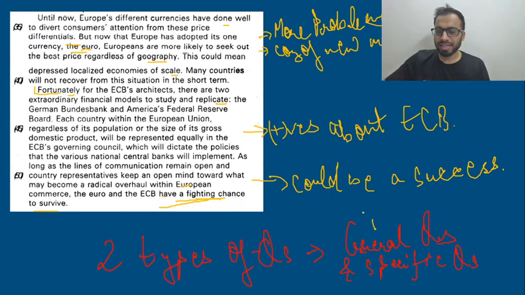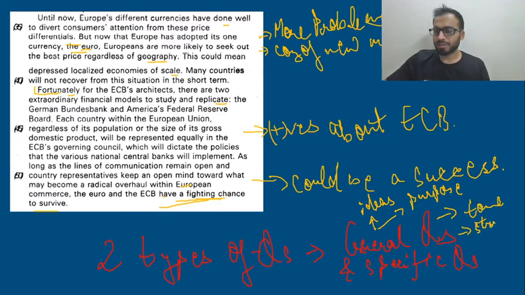General questions are like idea, purpose, or tone, structure of the passage. Specific questions are the ones, and if you've written the summary down well and if you've understood the meaning of the passage, then for general questions, you never have to revisit the passage.